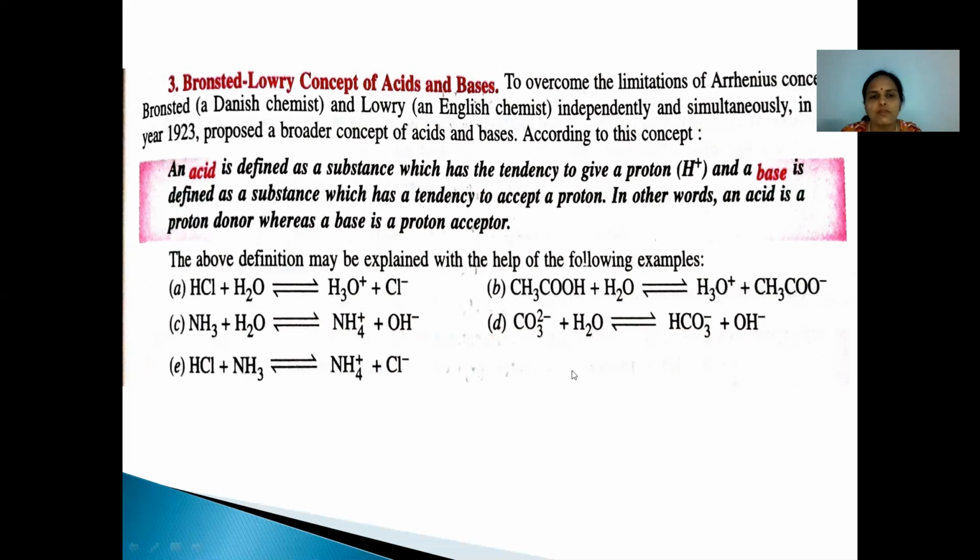NH3 plus H2O gives NH4+ plus OH−. CO3 2− plus H2O gives HCO3− plus OH−. HCl plus NH3 gives NH4+ plus Cl−. Here NH3 has accepted H+, so NH3 is acting as the Bronsted base.